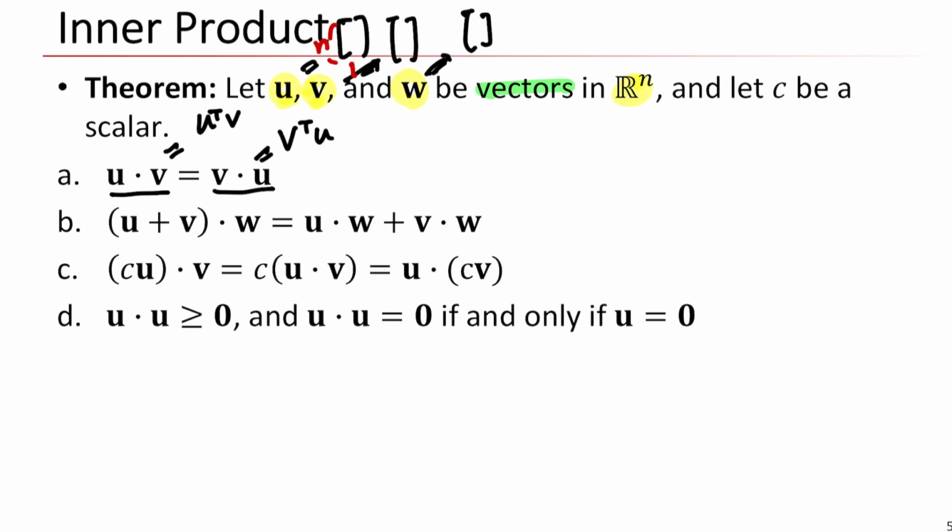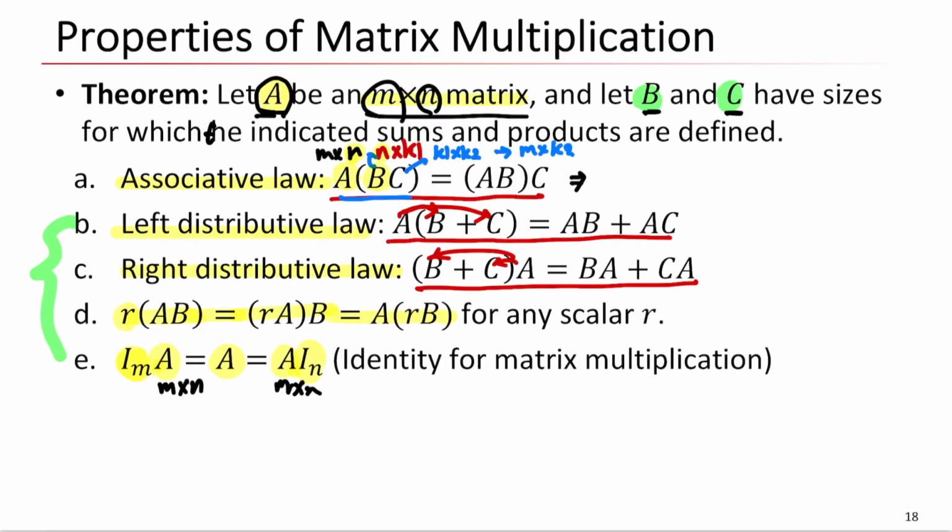And then let's say c is a scalar value, right? Then there are the following four inner product properties. The first one is the inner product of u and v is equal to the inner product of v and u.